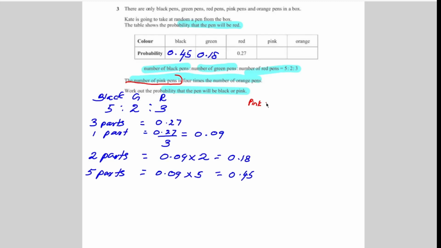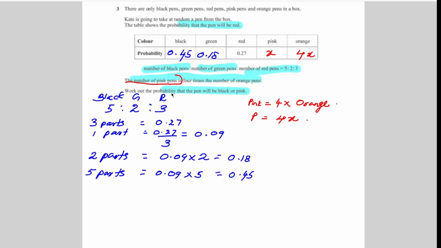Then pink is 4 times, and 4 times means multiplied by orange pens. So let's write it this way: pink equals 4 times. Let's take pink as x, then orange can be written as 4x.